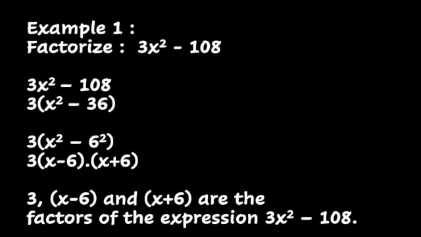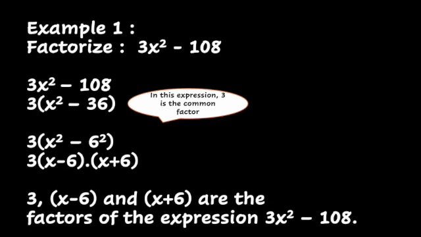Have a look at the first example where we need to factorize 3x squared minus 108. You can see here 3 is the common factor for both the terms. So we take 3 common. In the bracket we are left with x squared minus 36. We rewrite this expression as 3 times (x squared minus 6 squared).